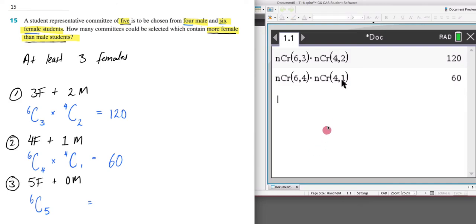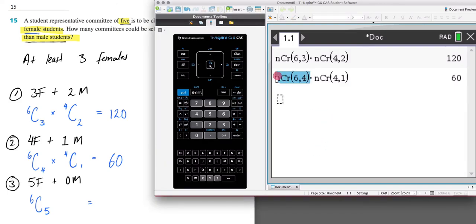So I'm going to come over here, and I might just copy this for me. Control C, Control V. Then this is going to be 5, and there's actually a little rule that we can use here. I know that my answer to this is going to be 6, and that's because if my objects is 1 more than the size of my groups, the answer is simply going to be the amount of objects I have. So in this case, 6.